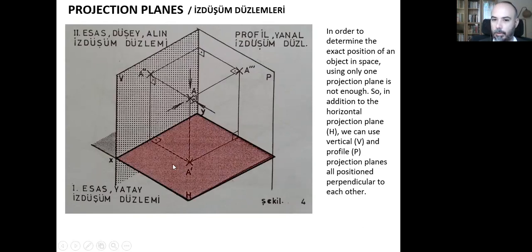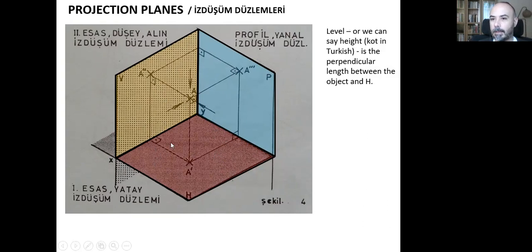So in addition to the horizontal projection plane, which we symbolize with capital H, we can use a vertical one, which we symbolize with capital V, and a profile that is symbolized by capital P. Projection planes are all positioned perpendicular to each other. So we create a kind of a cube, and we are using its inner corner, inner environment.